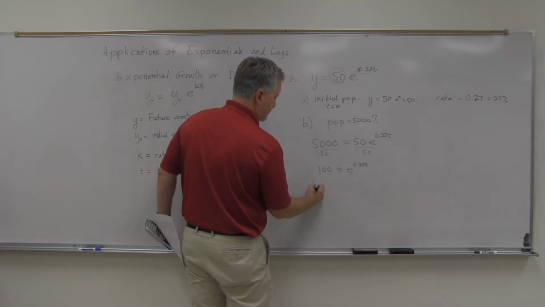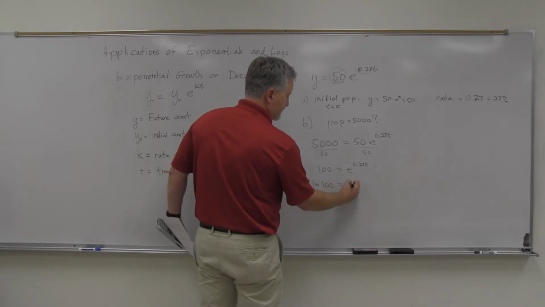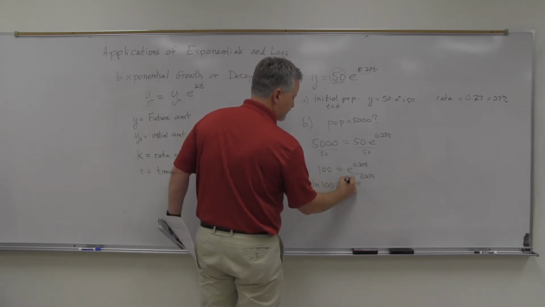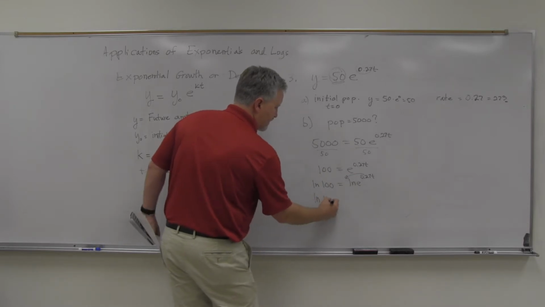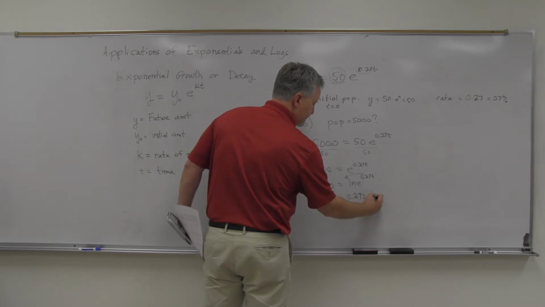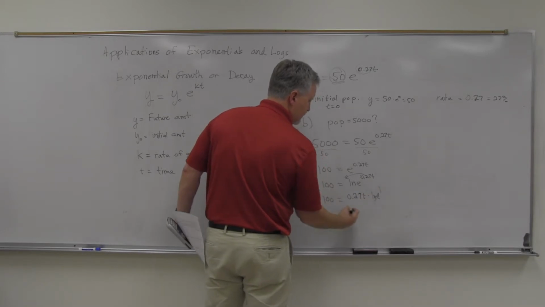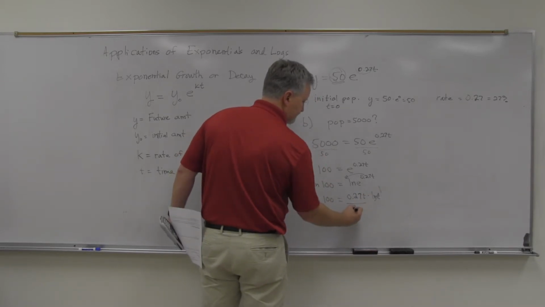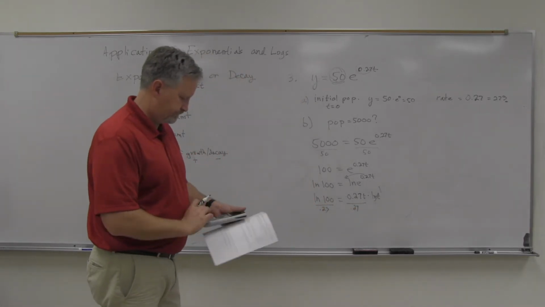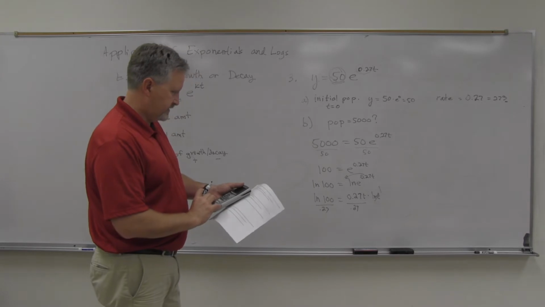Ln both sides, so ln of 100 is ln of e to the 0.27t. That brings down the power. 0.27t times the ln of e. Well, ln of e is 1, so all I have to do is divide by 0.27. We've done this one a couple of times now.